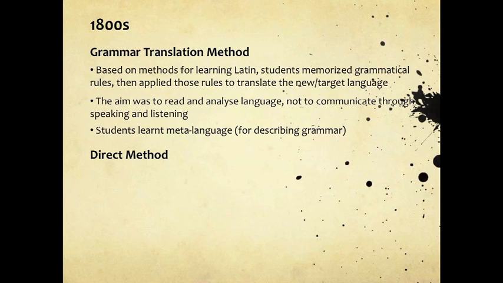Once students had memorized them, they would apply them to the new or target language and translate it. The focus was on reading and analyzing language rather than on communication, so students had to learn to talk about the language using specialized terms, which we call meta-language.